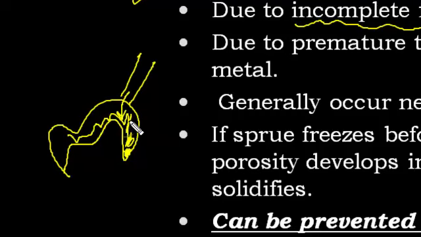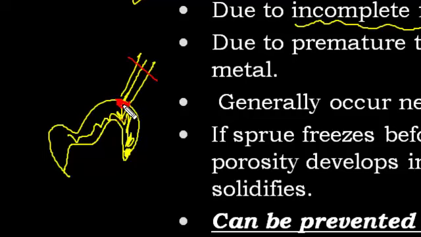While this metal is solidifying and shrinking, continuous flow should be maintained from the sprue so that all the space that is created because of the shrinkage of this metal is filled by the extra metal. But if for some reason this flow of metal through the sprue is cut down, it will result in localized shrinkage porosity, and this porosity is very commonly seen in the area which is filled the last.